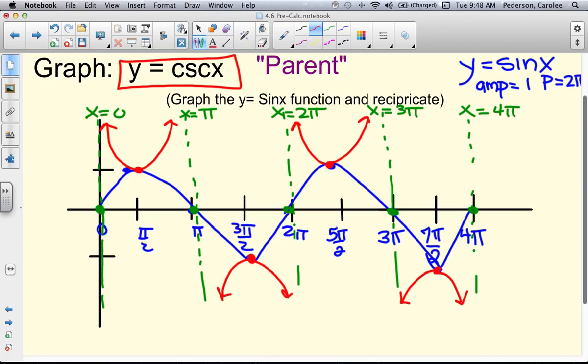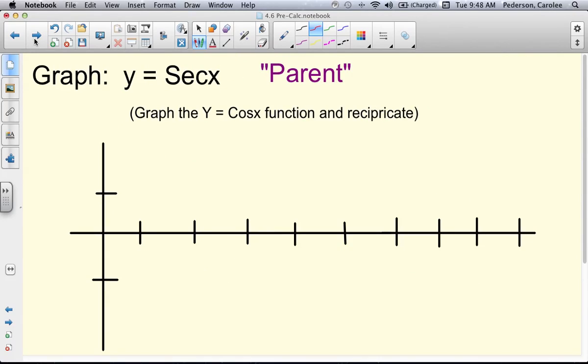The secant function is the reciprocal of the cosine function. So we're going to do the same exact process again. We're going to graph that reciprocal function, the cosine function, as its parent. Draw the vertical asymptotes, and then draw those what I call parabolas.